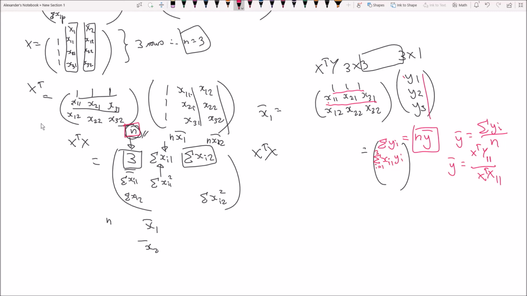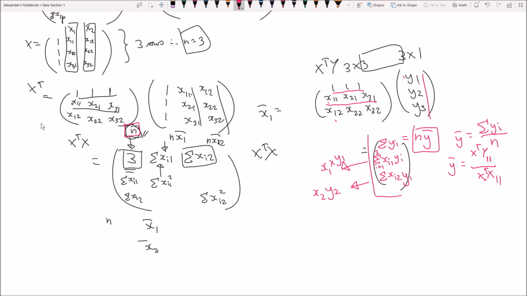And the next one we have the summation of xi2 times yi. So here we're dealing with x1 multiplied by y1's entry. The second one, we're dealing with the specific x2 entry multiplied by y2.